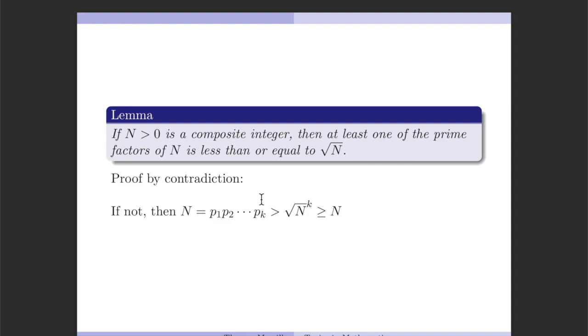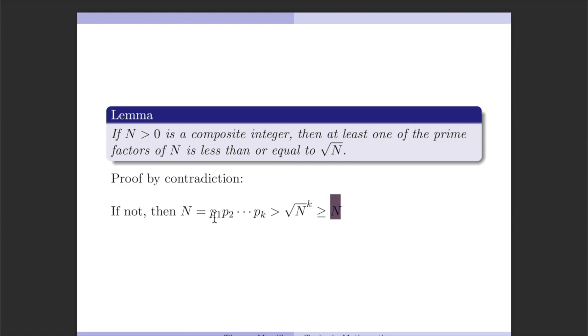Could be some duplicates in here. Each of them is greater than the square root of n, so that means that this product must be greater than the square root of n raised to the power k. Since n is composite, I know that k has to be at least 2. So this number here, square root of n to the power k, must be greater than or equal to n itself.